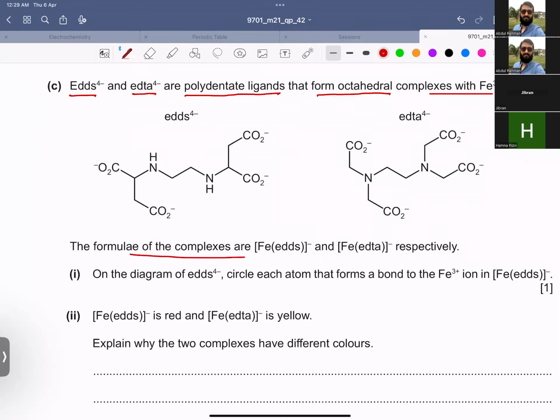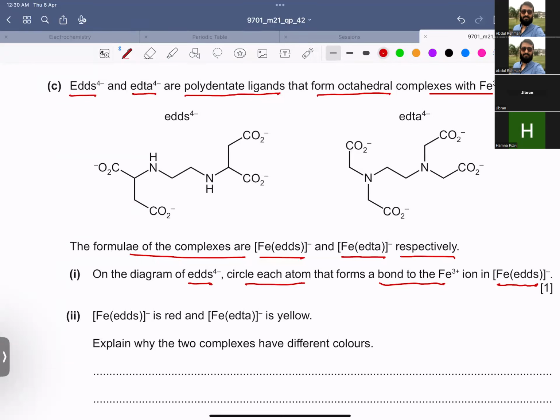The formula of the complexes are Fe EDDS negative 1 and Fe EDTA negative respectively. On the diagram of EDDS, circle each atom that forms a bond with Fe3 positive ion in Fe EDDS.